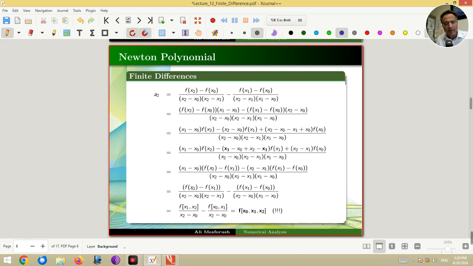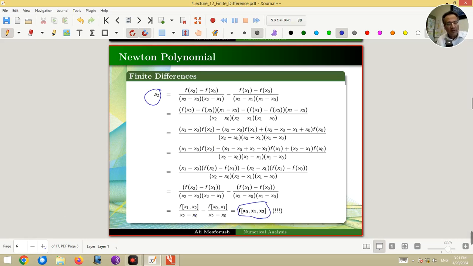In fact, f of x2 minus f of x1 over this, minus f of x1 minus f of x0 over this, and you can write it as f of x1, x2 over x2 minus x0 minus f of x0 and x1 over x2 minus x0. And this is exactly the definition of f of x0, x1 and x2.